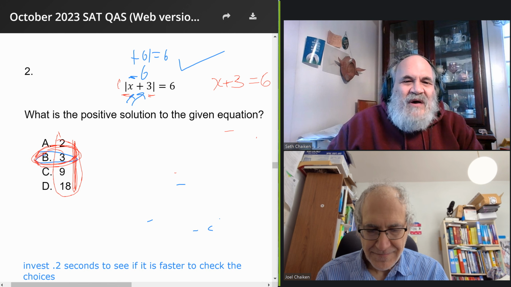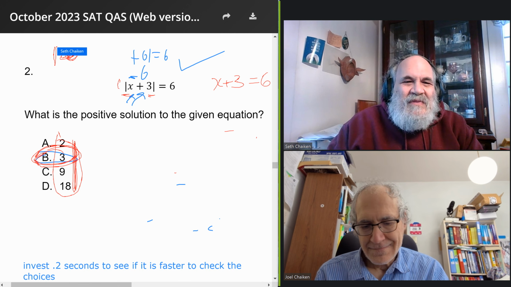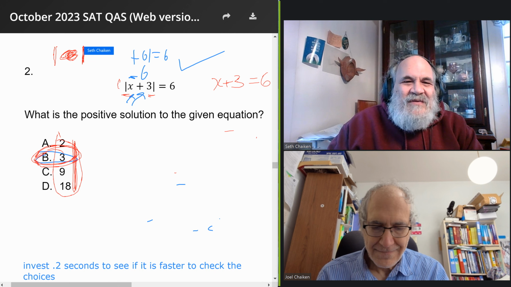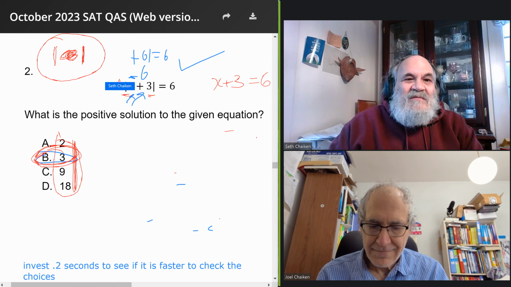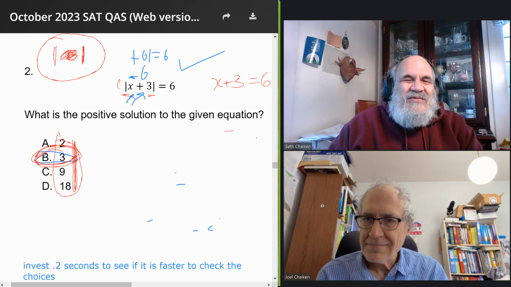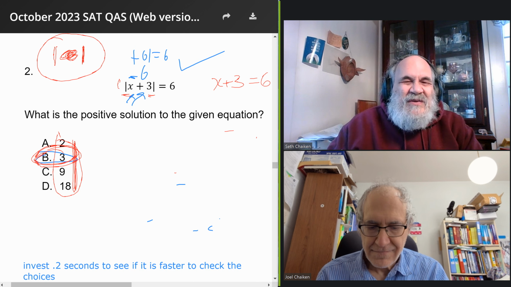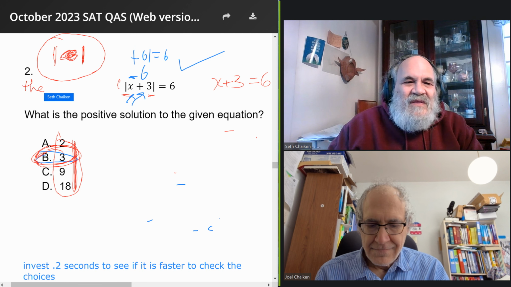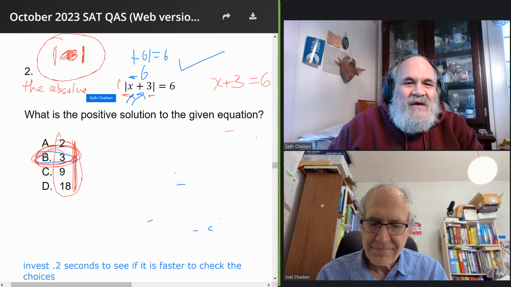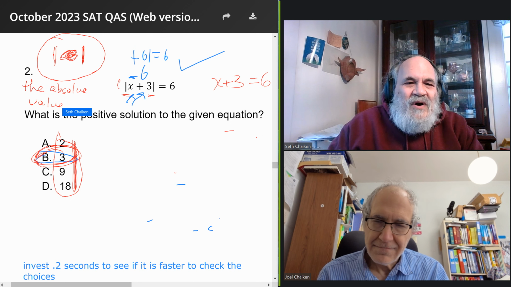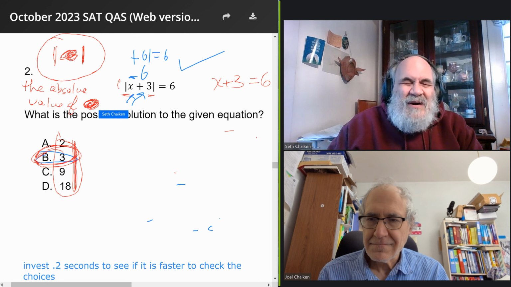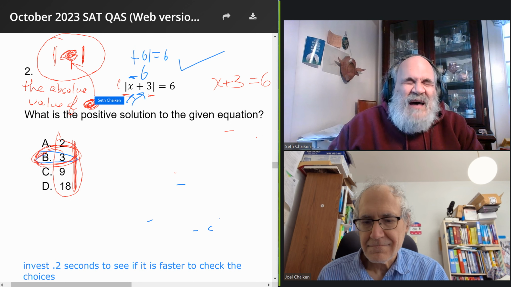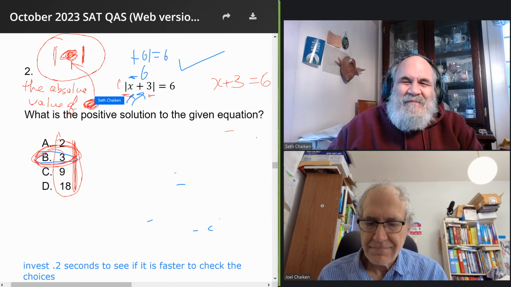You have some junk, and there are these vertical bars around it. The whole expression involving the bars that surrounds the thing is called the absolute value of the number that's enclosed in bars.